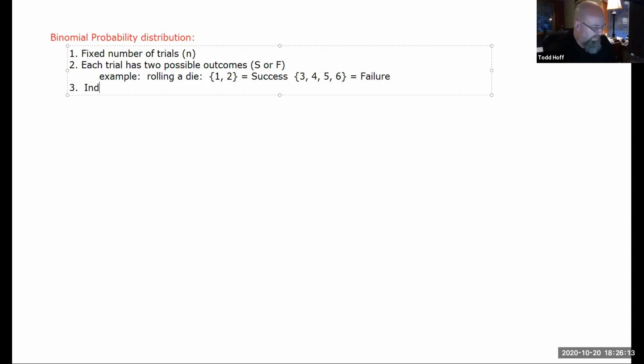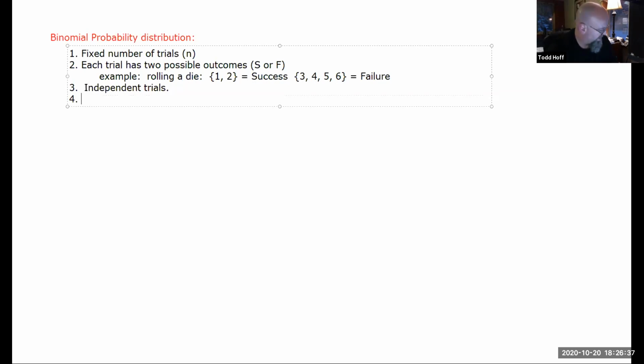Second, we have independent trials. So it doesn't matter if I've rolled a 1 4 times in a row. The probability of rolling a 1 on the next trial is still 1/6. The result of one trial does not affect the probability on the next trial or any of the trials after that. The trials have no effect on each other.